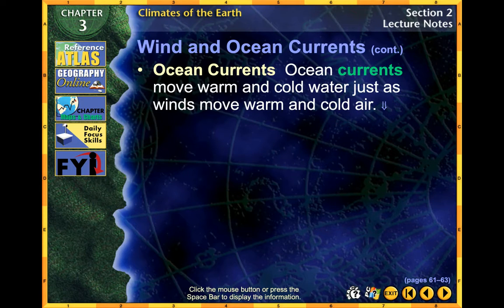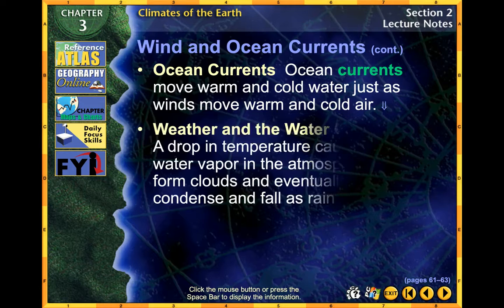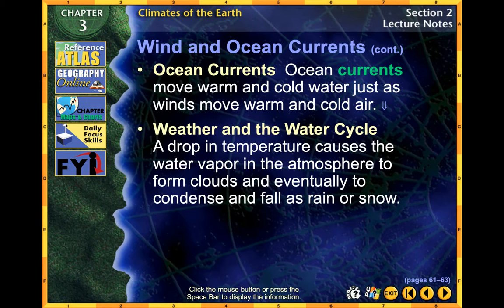Then there are ocean currents, which, just as with wind moving in patterns, are cold and warm streams of water that move through the oceans. Ocean currents are caused by many of the same factors that cause wind, including the Earth's rotation, changes in air pressure, and differences in water temperature.